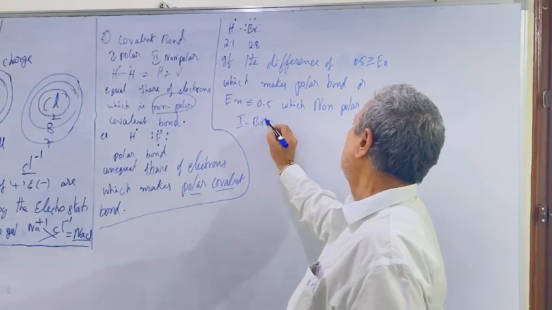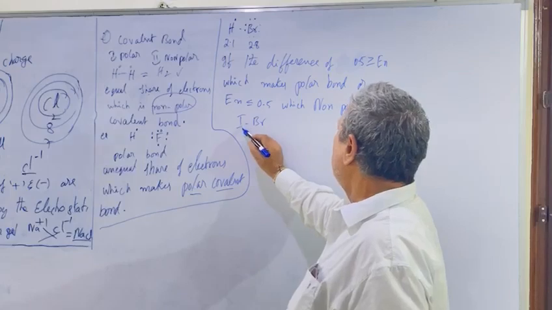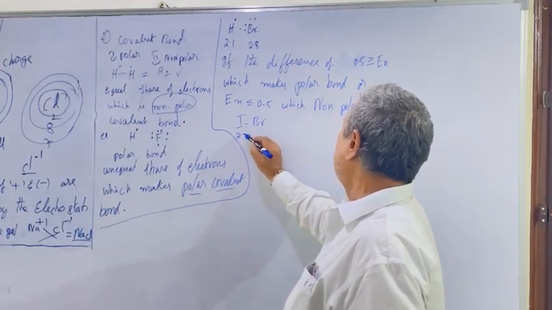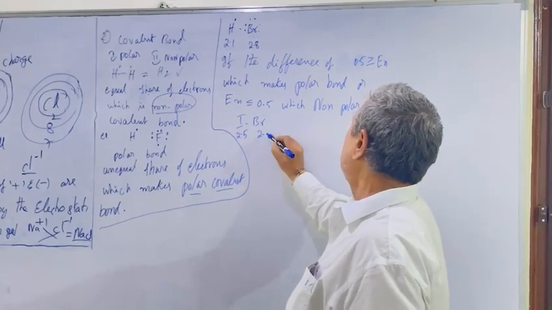Suppose iodine and bromine. What is the electronegativity? Electronegativity of iodine is 2.5, whereas bromine is 2.8.